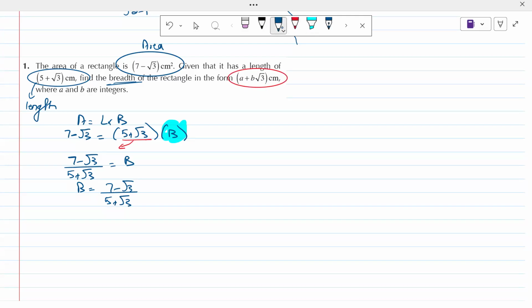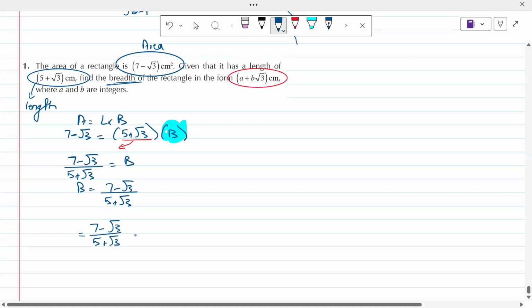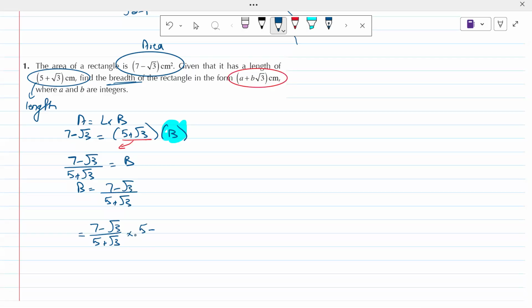This rationalization is 7 minus root 3 upon 5 plus root 3. We'll multiply it by its conjugate. So it would be multiplied by 5 minus root 3 upon 5 minus root 3.